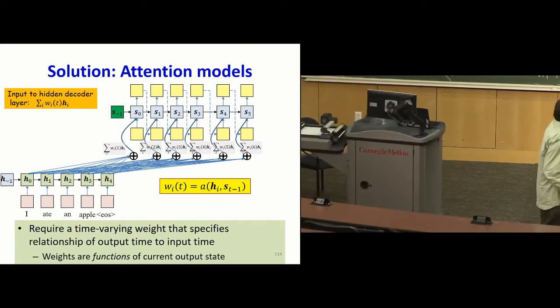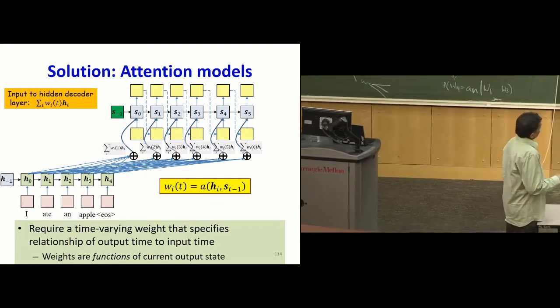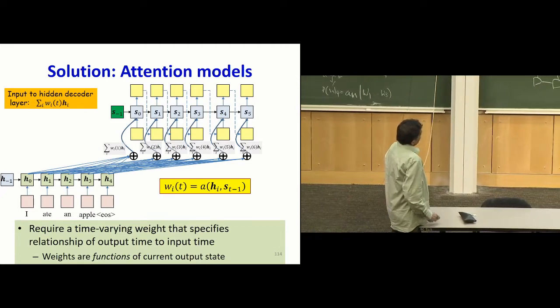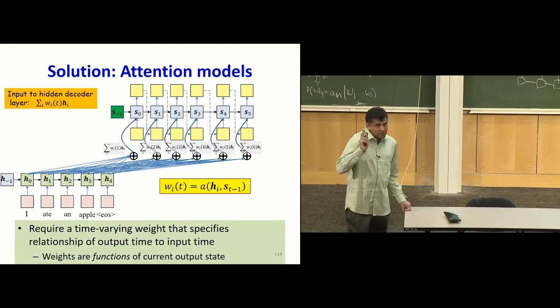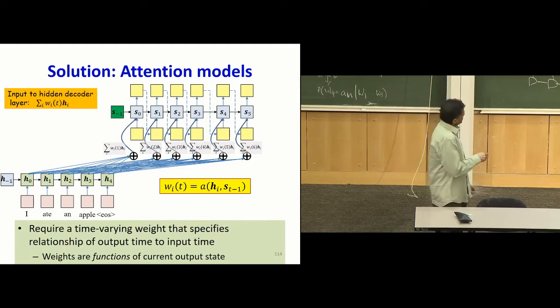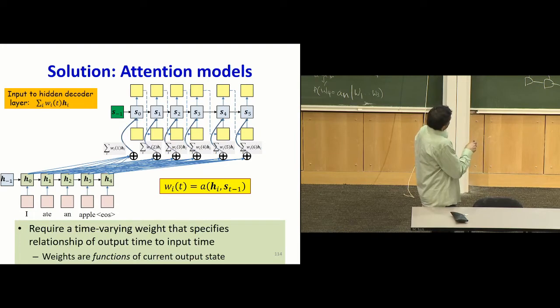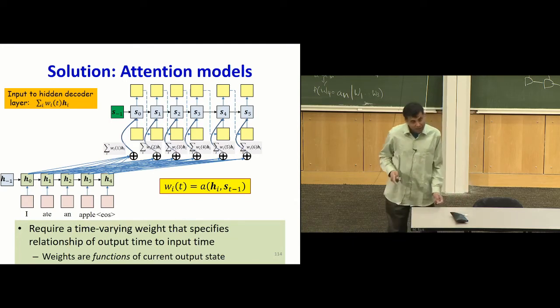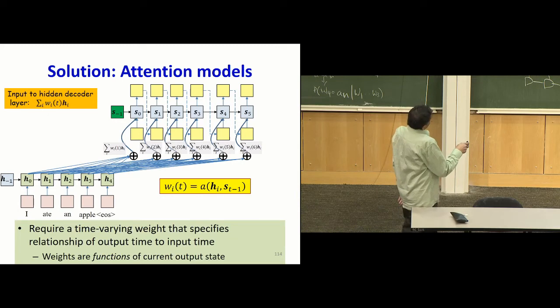So we're going to hypothesize that the information about which portion of the input to focus on is captured in 2 variables. First, these hidden representations themselves, obviously. Which hidden representation to focus on is a function of the representation itself. And also the hidden state value at the previous time.